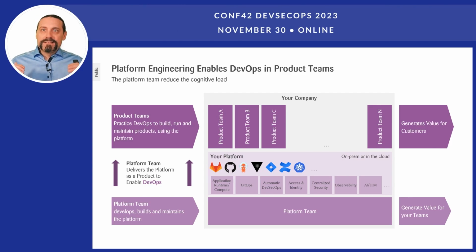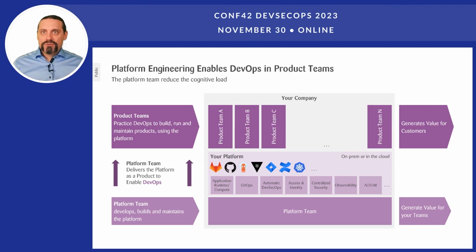As I said, this is a product, sort of also a service, that is given to the product teams. The product teams are building and running and maintaining their products on top of this platform. This does not mean that the platform team creates the CI/CD pipeline or monitors the application. No, absolutely not. The teams are doing that.